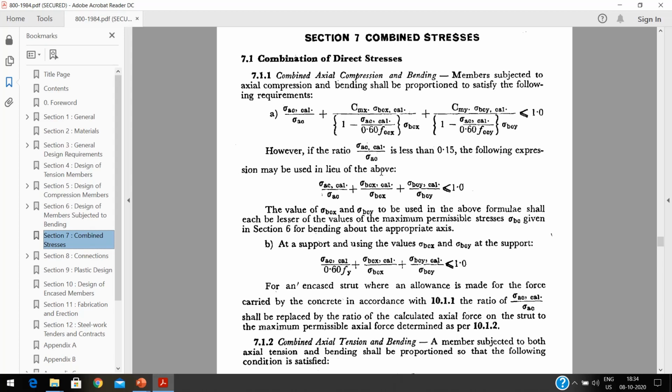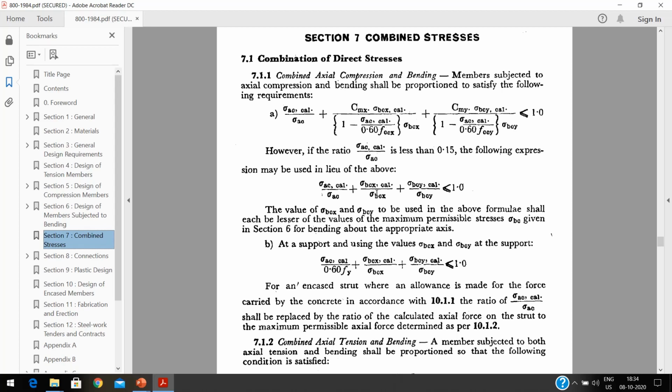Again, the same thing has been given over here: if the ratio of sigma AC calculated to sigma AC permissible is less than 0.15, then we can modify this expression like this. So all the things have been given over here.